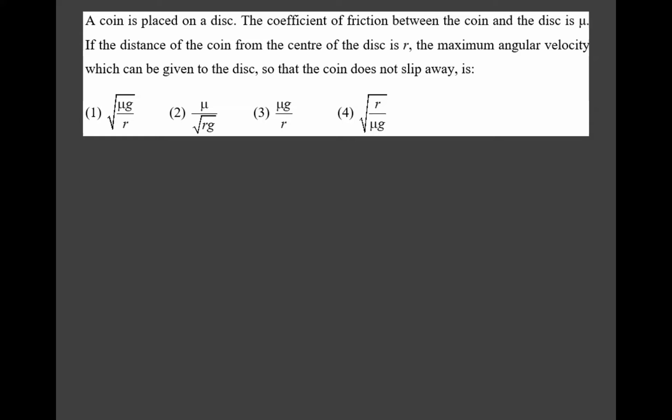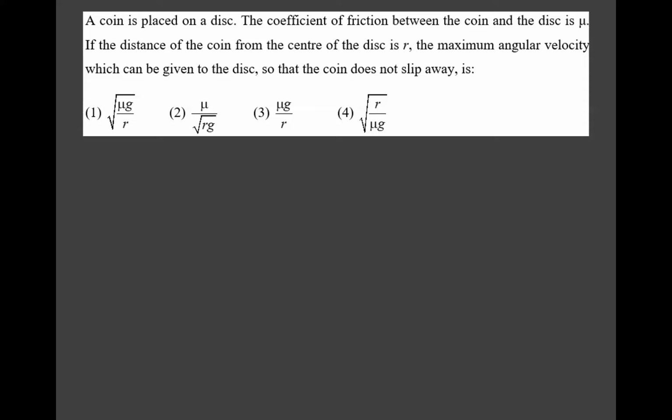Now, the coefficient of friction given to you between the coin and the disc is mu. So frictional force is there, and due to frictional force, the coin will remain on the disc. But which condition should be satisfied here?